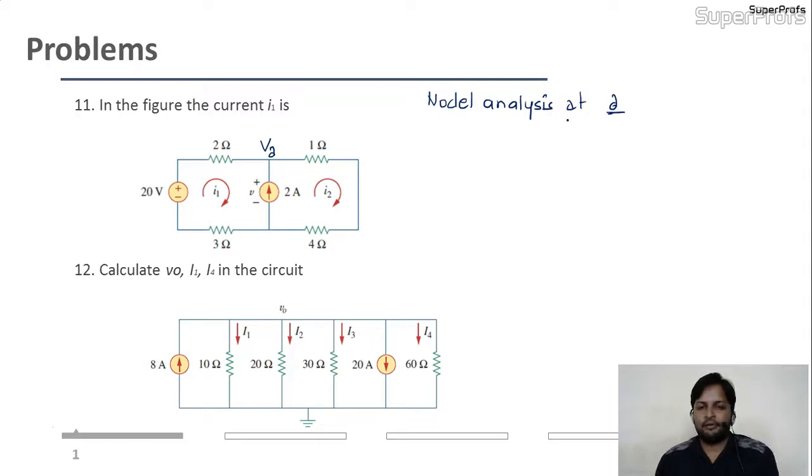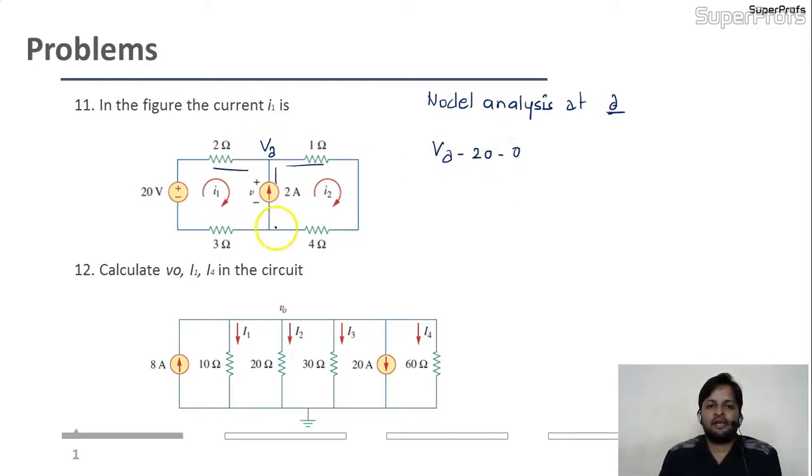Is it okay to you? Now, 3 branches are connected, meaning you have 3 currents. The first current is (VA minus 20 minus 0) divided by 2 plus 3. This 0 is the ground.